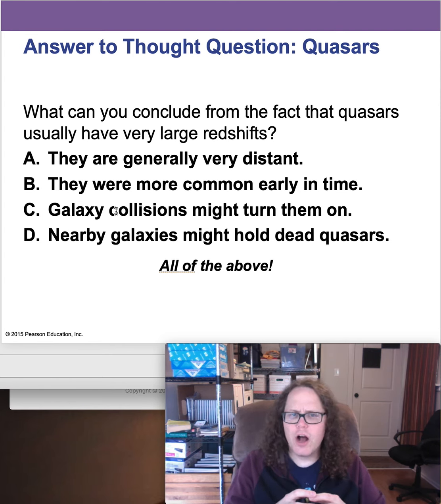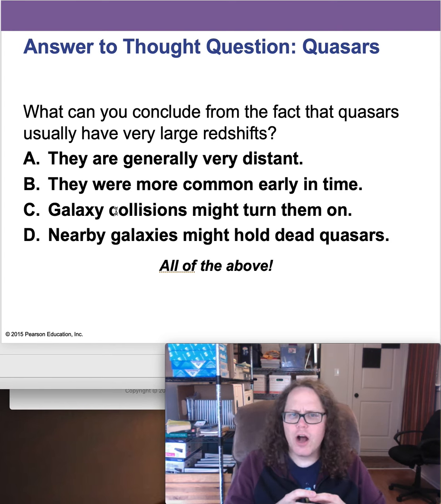And when that gas spirals into the black hole, it heats up. It heats up to millions of degrees. So hot, it glows like an Edison light bulb. A really bright Edison light bulb. 10 trillion times the luminosity of our sun. Bright enough to be seen billions of light years away.